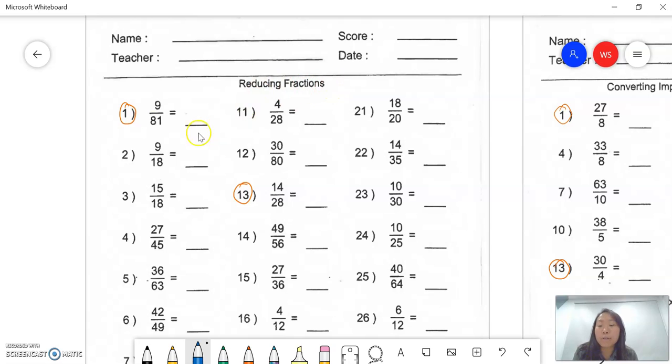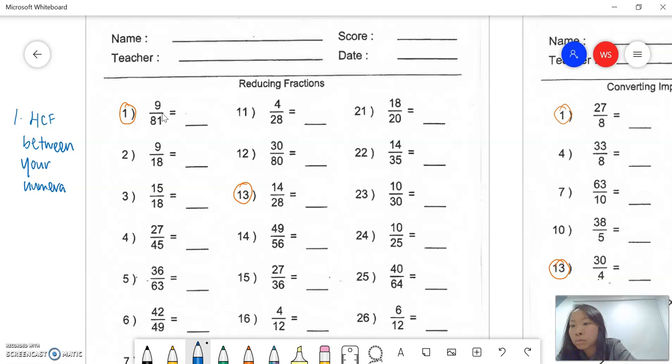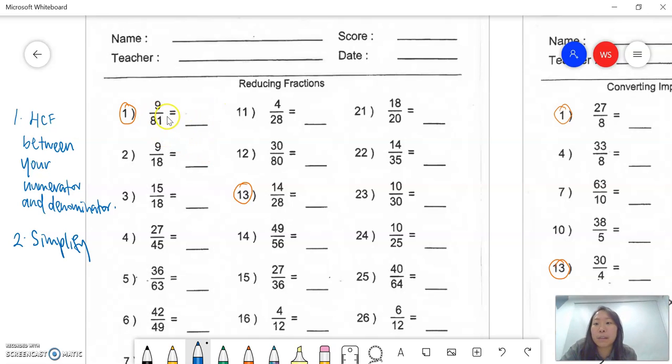So as you reduce your fraction, you are first locating your highest common factor between your numerator and your denominator. Right, next up, you'll then begin to simplify your fraction as you cancel out your common factors.